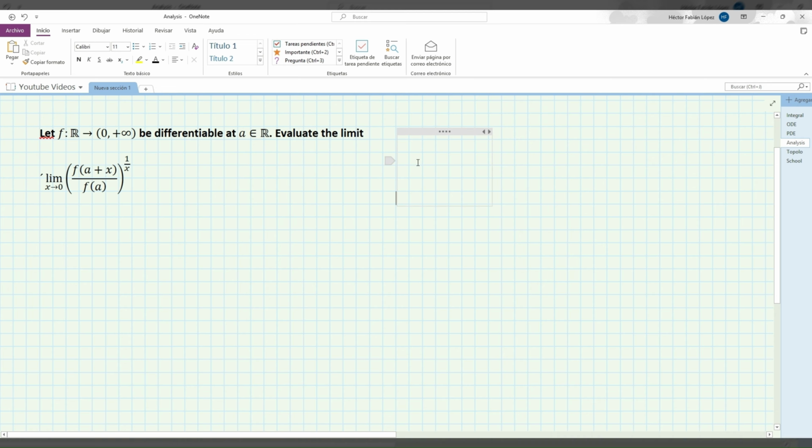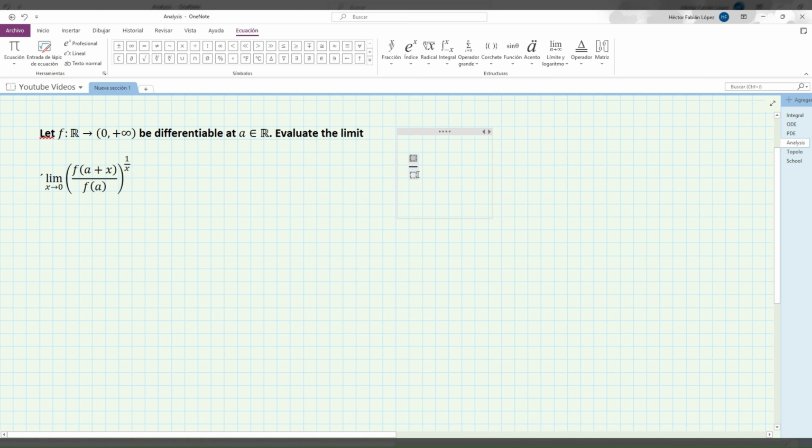Here we can see something. For example, in this first part, f of a plus x over f of a, if we evaluate this limit, we can see that it approaches 1. Why?